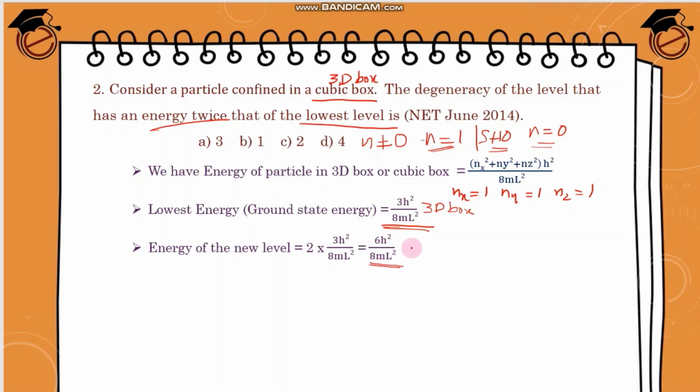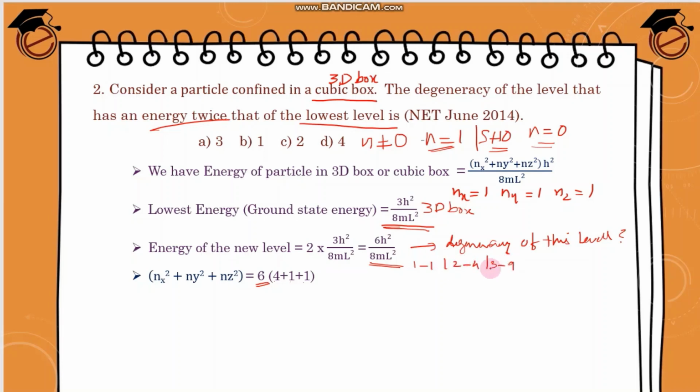Now we have to find out the degeneracy of this level. That is our question. Like previous, we can do it like this: nx square plus ny square plus nz square is equal to 6, right? So how can we split 6? 4 plus 1 plus 1. 1 square means 1, 2 square means 4, 3 square means 9.